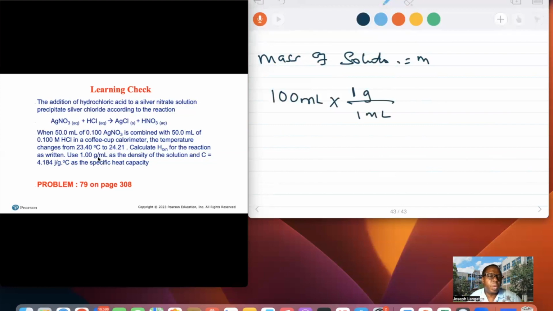So mL cancels mL, and this will be 100 grams of solution.